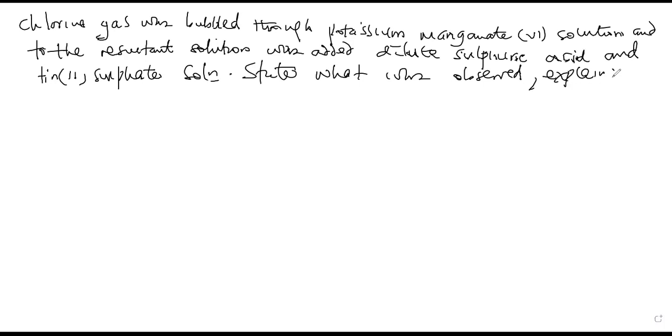Okay, now looking at this question, we need first to know that in this case also a greenish yellow gas will dissolve. Then the green solution of manganate 6 turned into a purple solution of manganate 7, which then turned colorless on treatment with the tin.